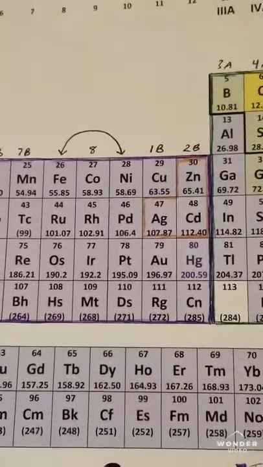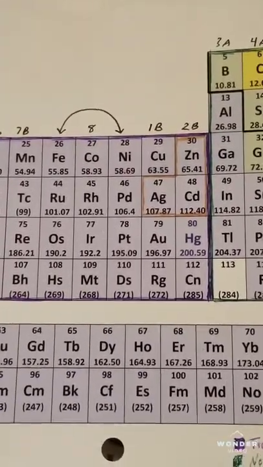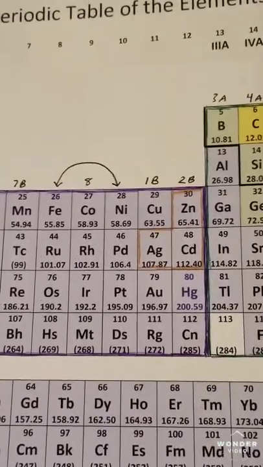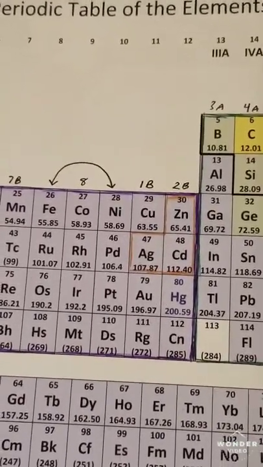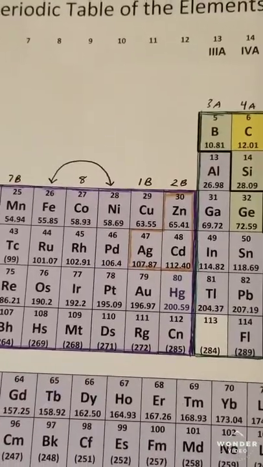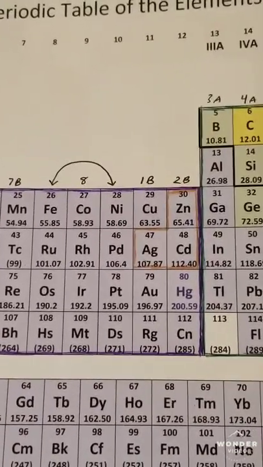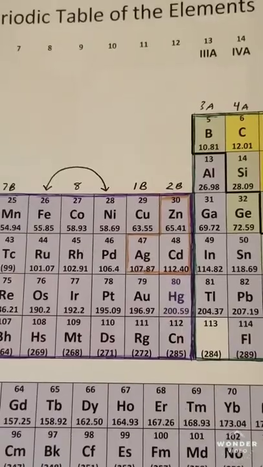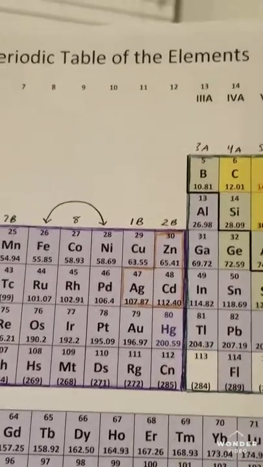Now, next one is potassium, and potassium is in group 1A. So group 1A, and it is an alkali. So an alkali metal.